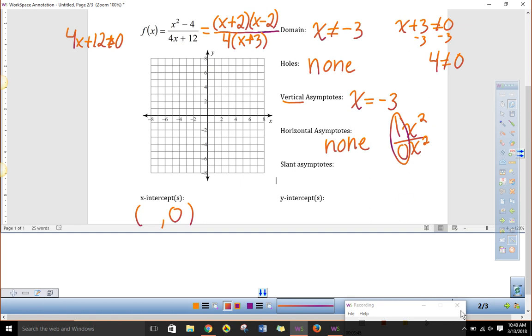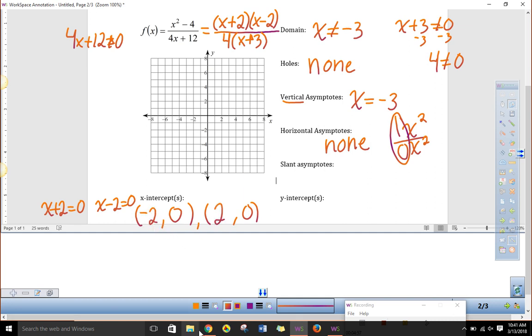Okay. So I really just care about what? Your numerator. So you want to take your x plus 2 and set it equal to 0, and you want to take your x minus 2 and set it equal to 0. So I have 2 x-intercepts. Where are they? Negative 2 and positive 2. Very good.